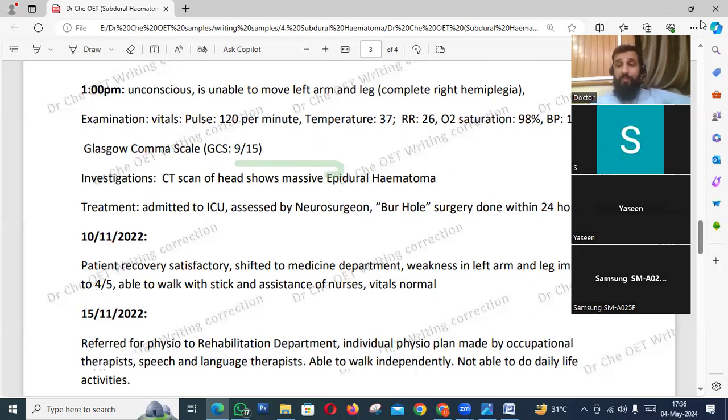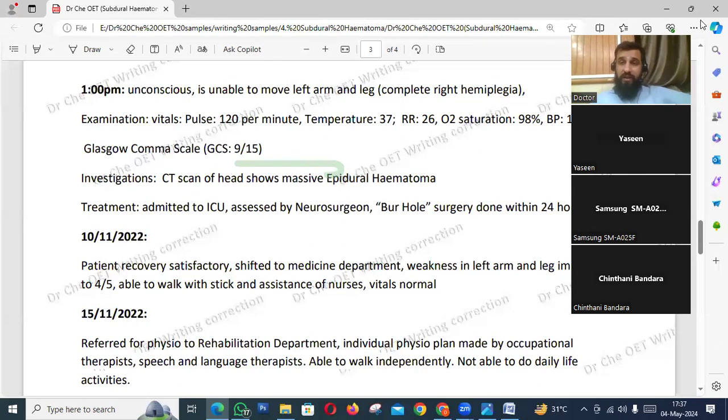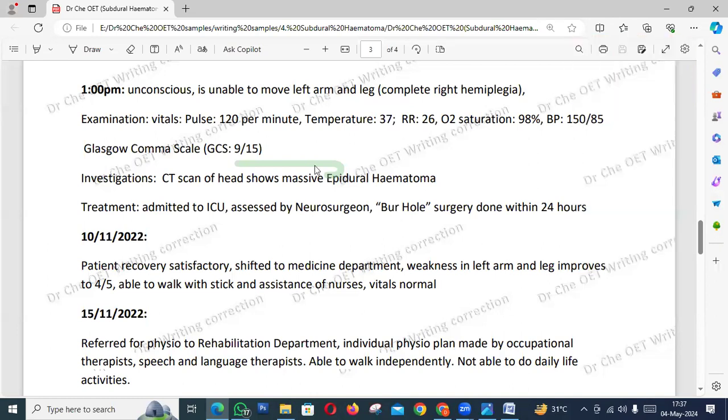So first of all, your purpose in writing to the GP is not only for further management. First, you need to tell what happened with the patient in the hospital so that you can tell about the further care, and the GP can continue further care or community nurse. So all of these things are important, but when you start writing the letter, you have to make it concise and to the point, okay, and well organized.